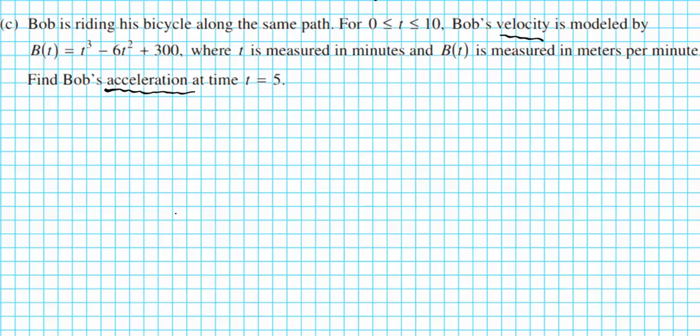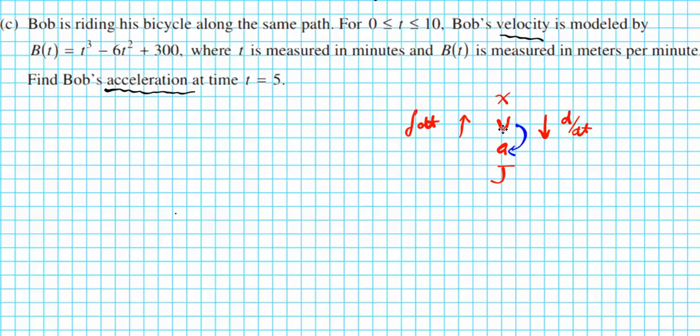You always want to remember your position, velocity, acceleration, and jerk continuum. When you're going down, you differentiate with respect to time, and when you're going up, you integrate with respect to t. All right, in this problem, we are going from velocity to acceleration.